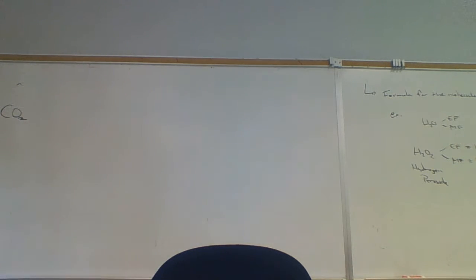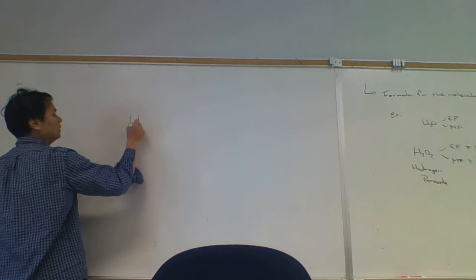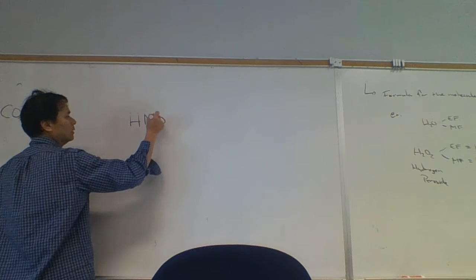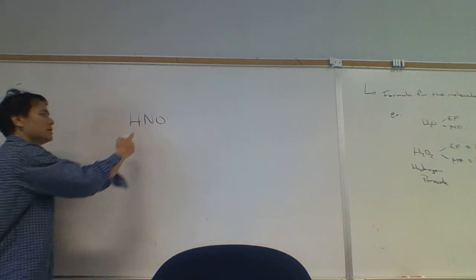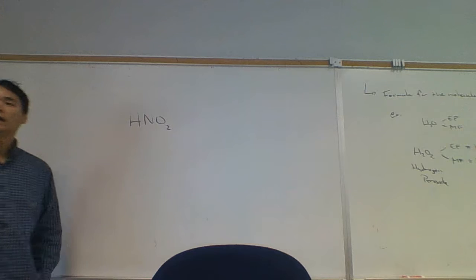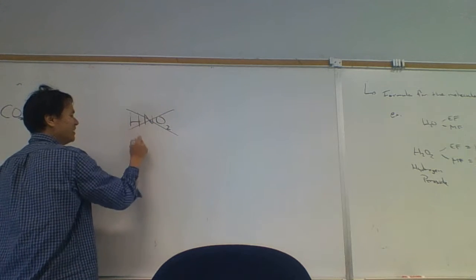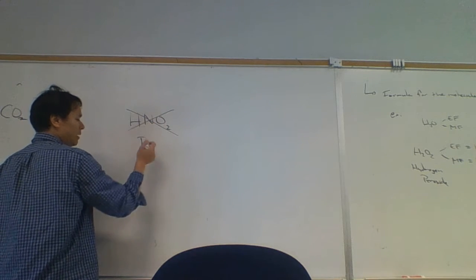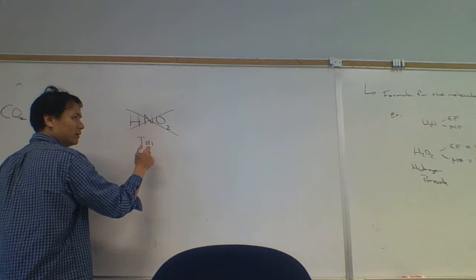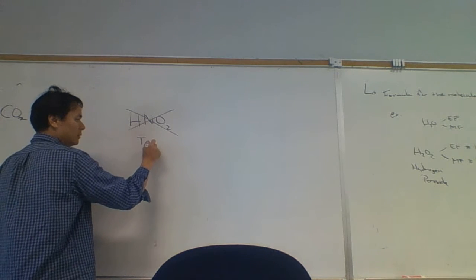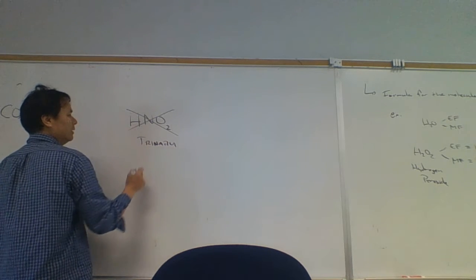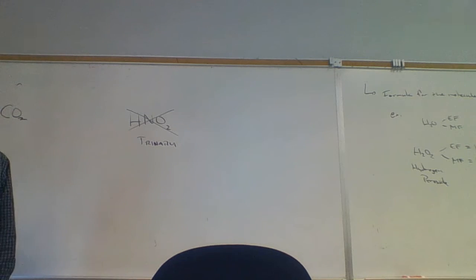This is what we call a binary molecular compound. Versus this, could I call this a binary molecular compound? No. This is not a binary. This would be, after bi should be tri. So these rules don't work. These rules are only valid for binary.